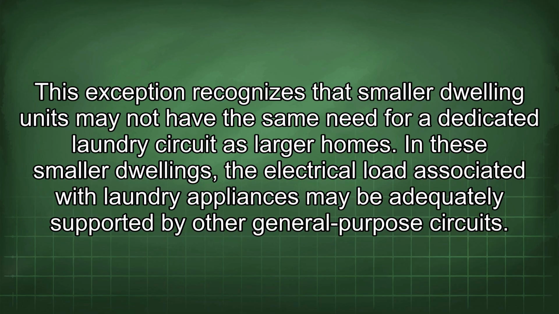This exception recognizes that smaller dwelling units may not have the same need for a dedicated laundry circuit as larger homes. In these smaller dwellings, the electrical load associated with laundry appliances may be adequately supported by other general-purpose circuits.